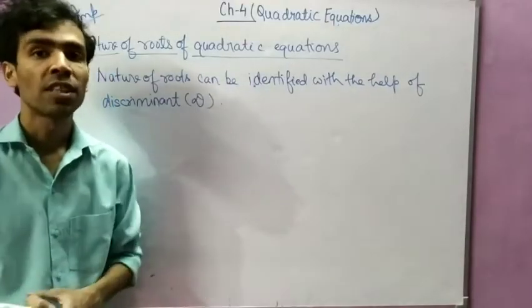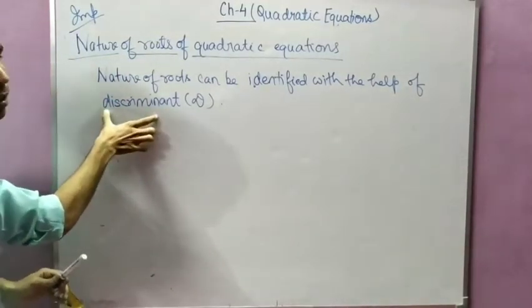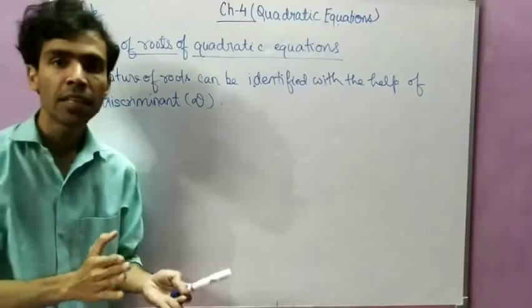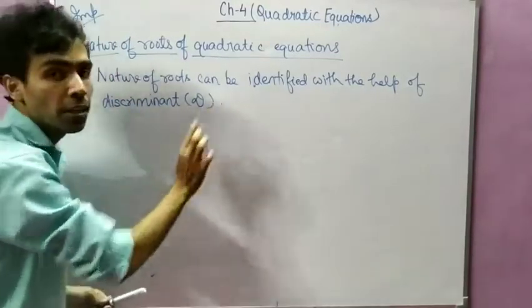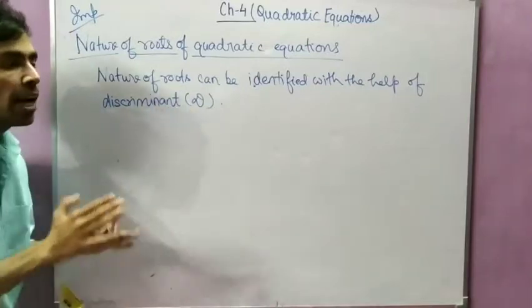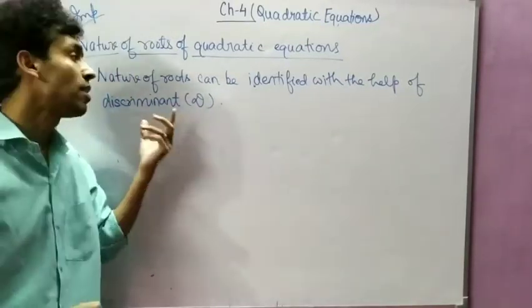Actually it is known as the discriminant. If I have written determinant, then you can correct it. Actually D means discriminant. And the nature of the roots can be identified with the help of the discriminant only.